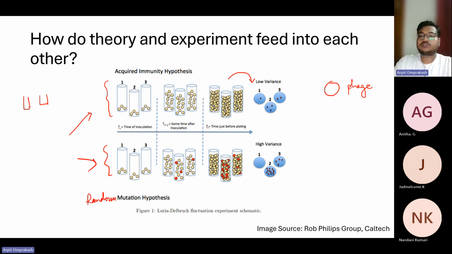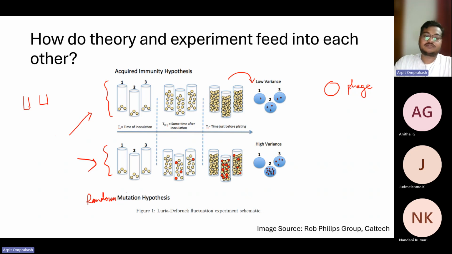Therefore, if you do multiple platings of multiple colonies, you should see that on average, X number of bacteria will become resistant. And the variance in the number of cells that become resistant across the different plates would be very low. So the mean would be somewhere around the value X, and we'll have some deviation around it in each plate.